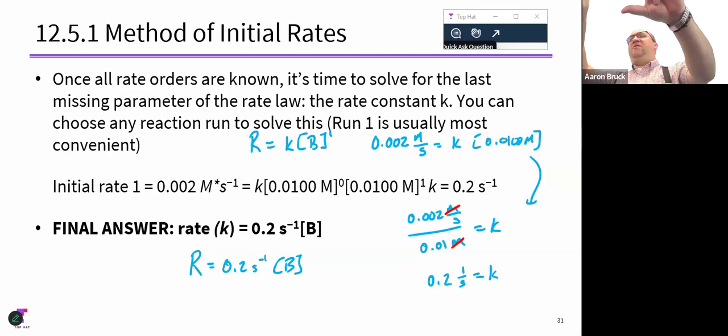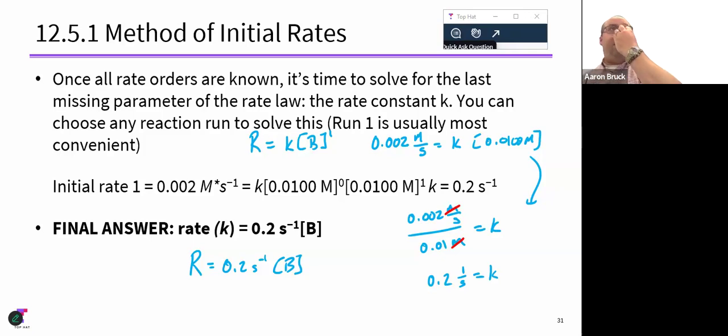And so since I'm multiplying by two molarities, the first one cancels out the one in the denominator, and the second one becomes the molar per second, and so on. So you can always know the overall order of a reaction by looking at the rate constant. Now, that doesn't necessarily give you the rate law, but it does tell you how many concentration units are going to be in it. It's going to tell you what the order is.